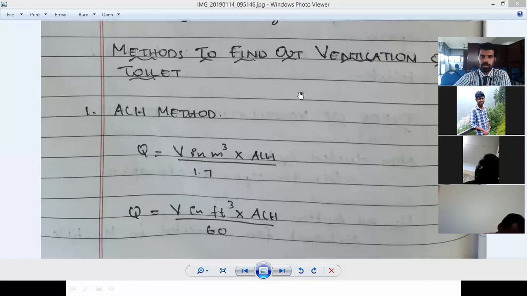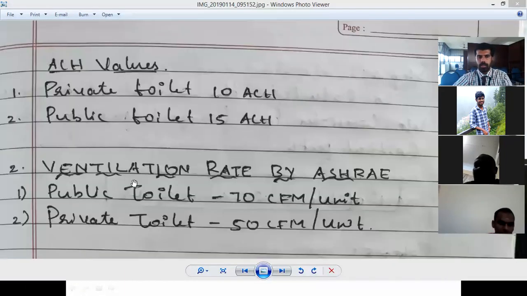For a public toilet, it is 70 CFM per unit, and for a private toilet, it is 50 CFM per unit. So you can use the formula to find the CFM, or you can directly write 70 CFM.